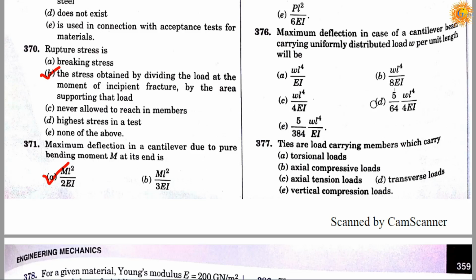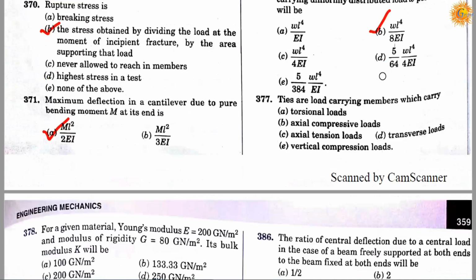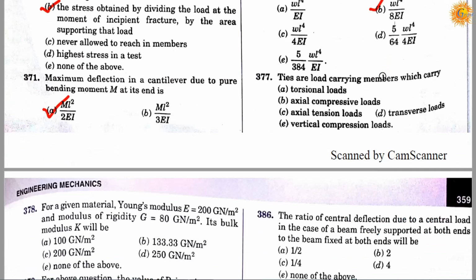Correct answer is B. It will be WL power 4 divided by 8 EI. Question number 377.